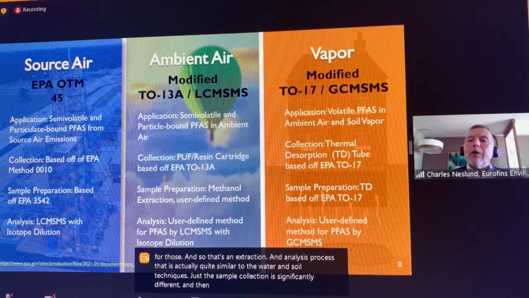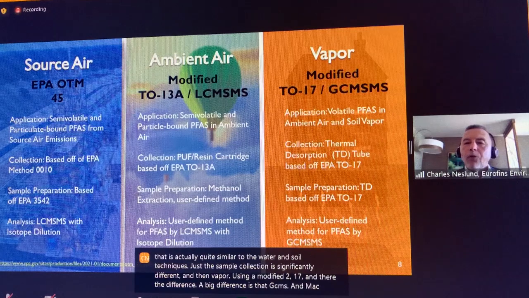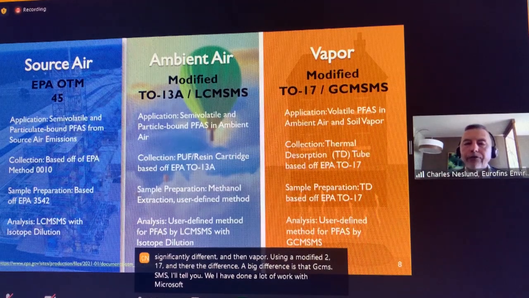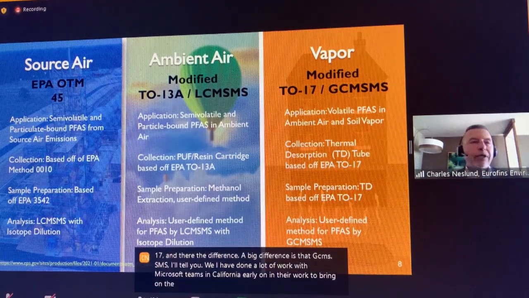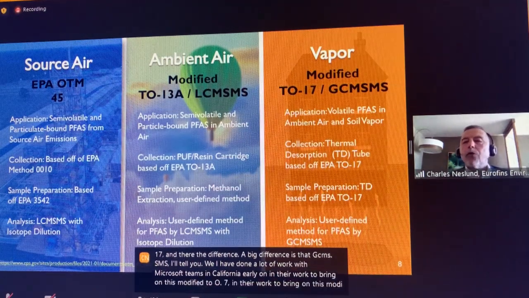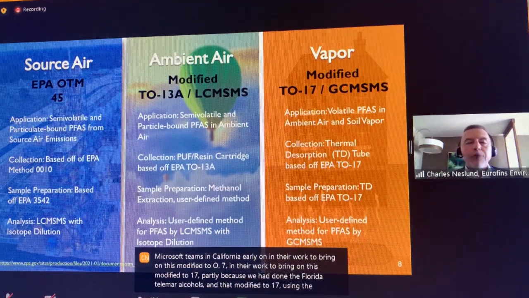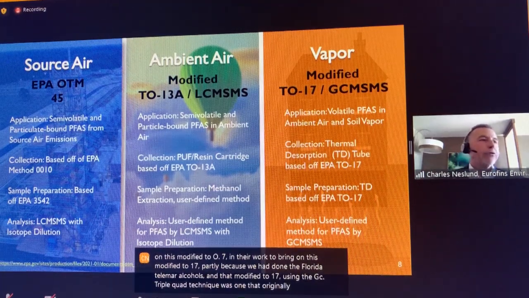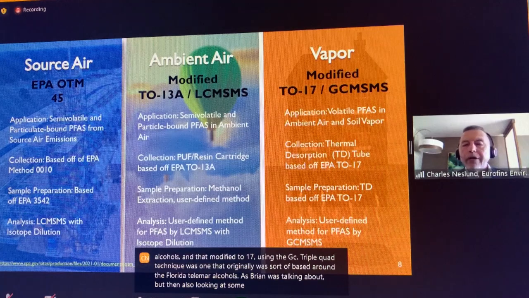And then vapor using a modified TO-17, and there the big difference is the GC-MS/MS. I'll tell you, we have done a lot of work with my colleague Heidi Hayes out of Air Toxics in California early on in their work to bring on this modified TO-17, partly because we had done the fluorotelomer alcohols, and that modified TO-17 using the GC triple quad technique was one that originally was sort of based around the fluorotelomer alcohols, as Brian was talking about, but then also looking at some shorter chain carboxylic acids.